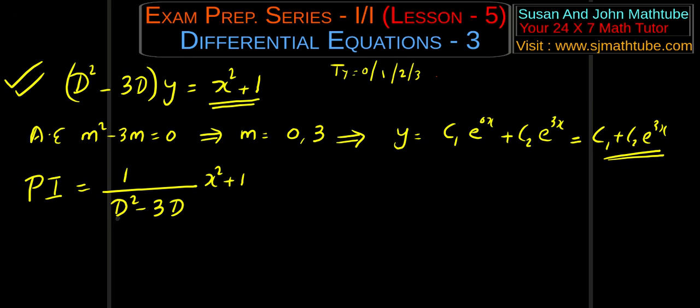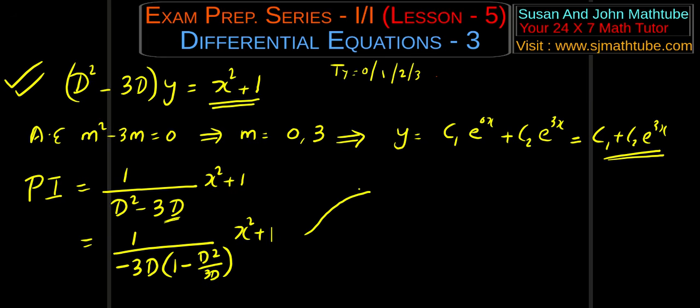And now look at this. We have d square and 3d. I told you earlier, this will be the inferior person. D square is supposed to be superior. And we will throw this minus 3d outside. So we get minus 3d into 1 minus d square by 3d. That's simple algebra.